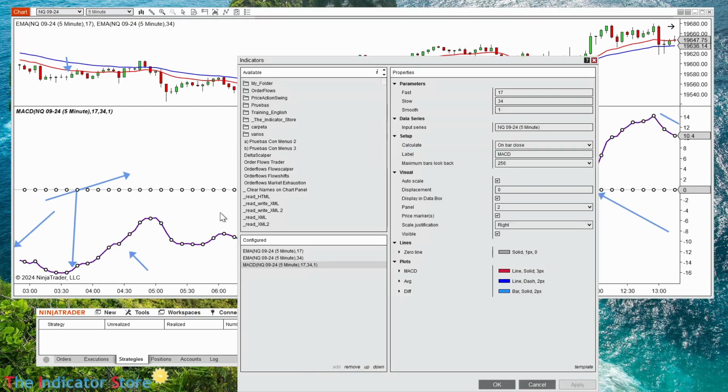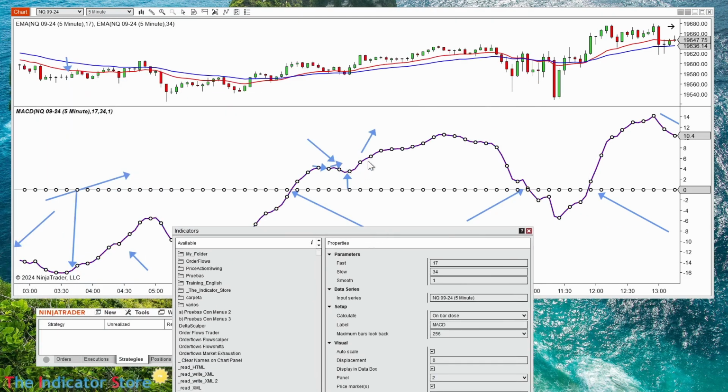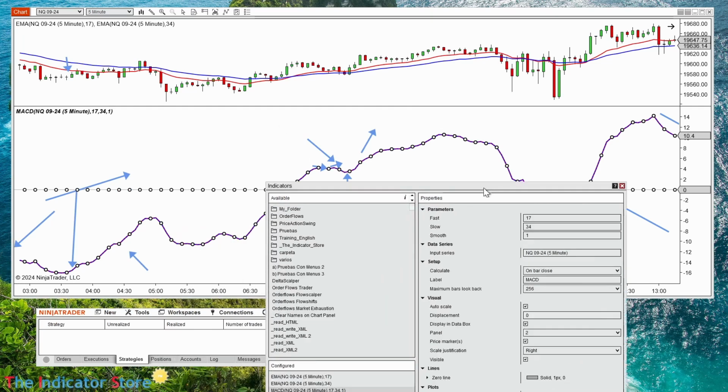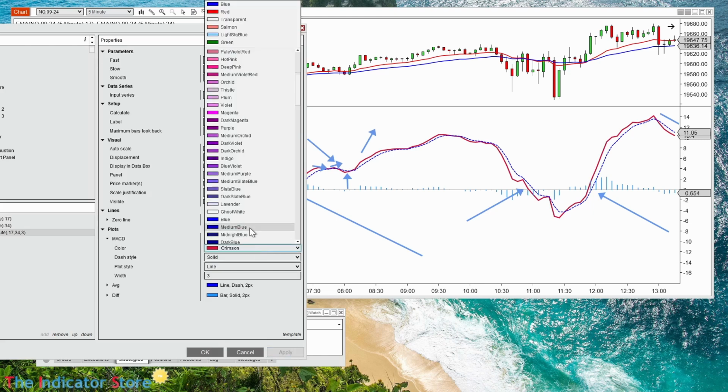So if we want to replicate the setup of the continuation or pullback using the MACD, instead of using the MACD, we can use the average of the MACD, the second line, the blue line. So let's use a smoothness of maybe 3 bars. Okay, so both lines are almost the same. And now we can remove the red line.